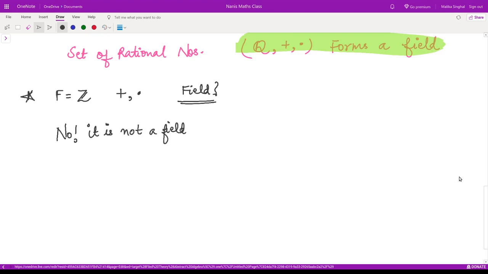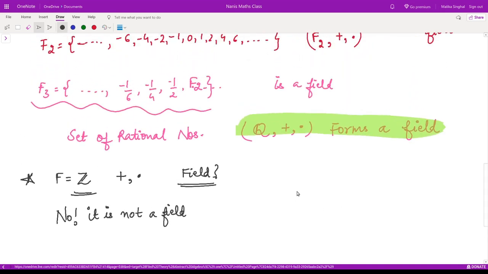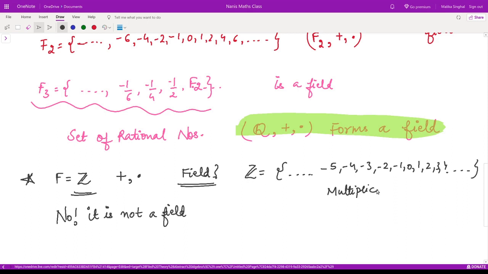Because if you take the field of integers, you have a multiplicative identity. What is that? The set is of this form: infinite set, -5, -4, -3, -2, -1, 0, 1, 2, 3, 4, and so on, right? This is the set of integers. So this set has the multiplicative identity. What is that? That is 1. It has an additive identity. What is that? It is 0.